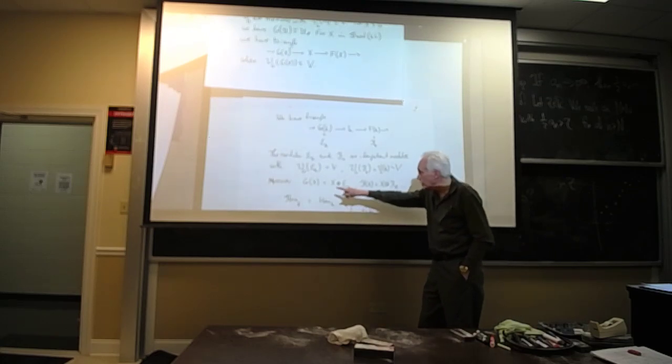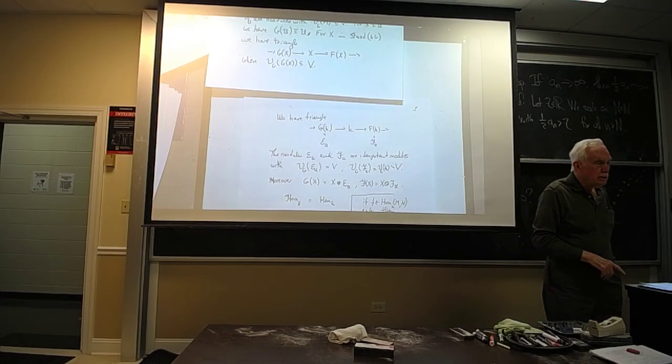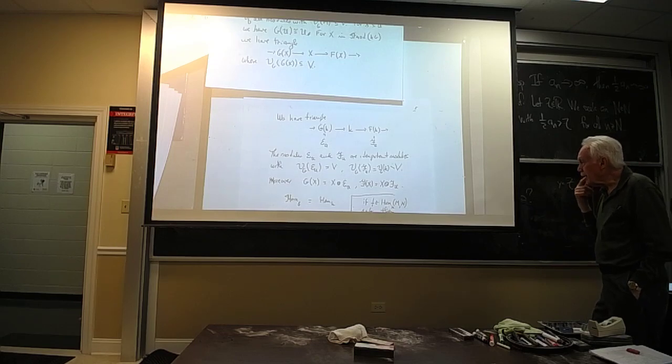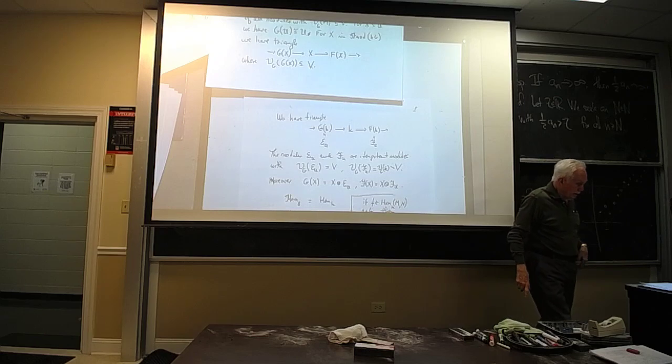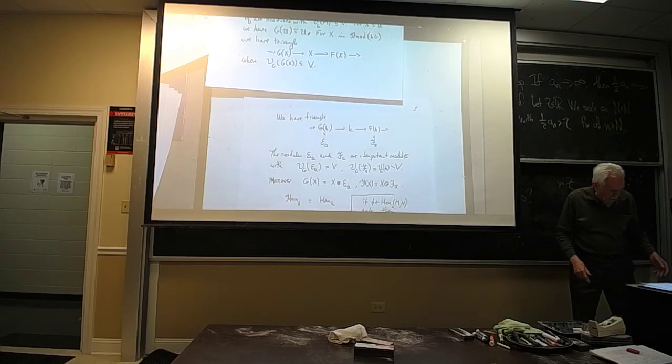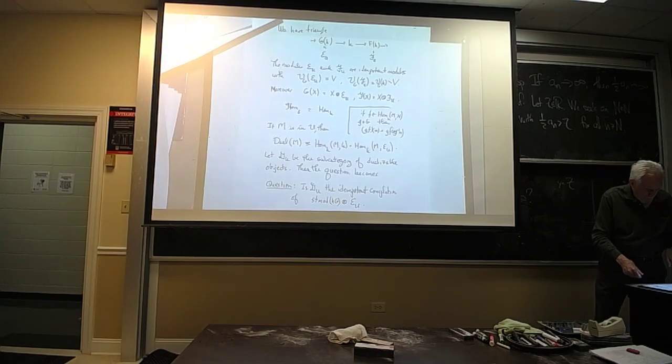G of X is just X tensor with this E of U. Okay? And F of X is X tensor with the F of U. So these idempotent modules give you the idempotent functors that we're interested in. Okay?